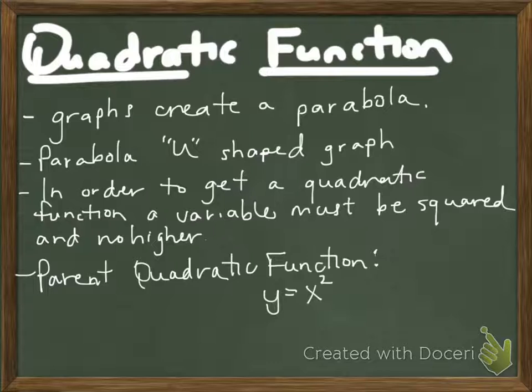And it's not just in y equals x squared, but you could also have y equals x squared plus 3, or y equals x squared plus 2x plus 3. You can have any kind of variation, but if your highest term is x squared, then you have a quadratic function. If you have a cubed value, now you're talking about something completely different. So if the highest exponent in your equation is a square, you now have a quadratic function. And again, the parent quadratic function never changes, so you need to memorize it.